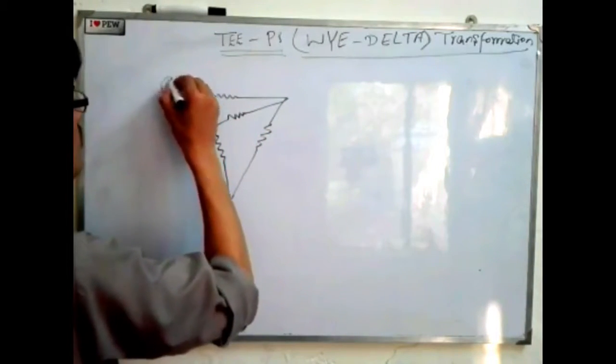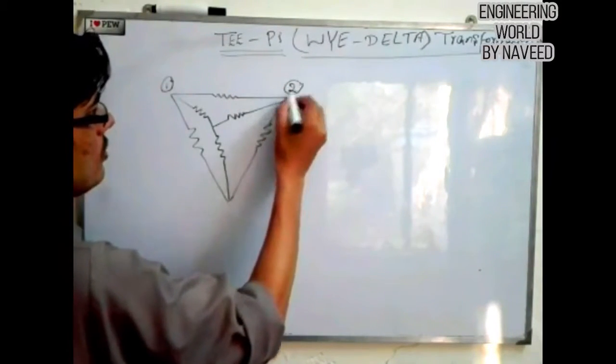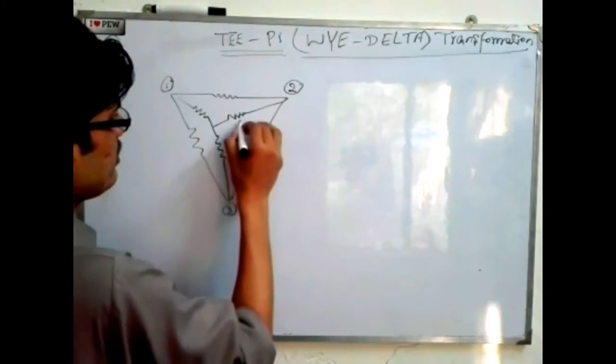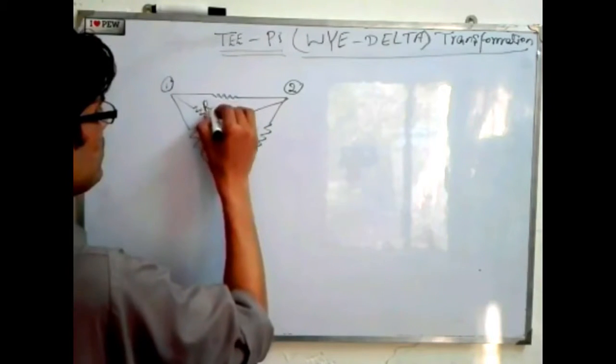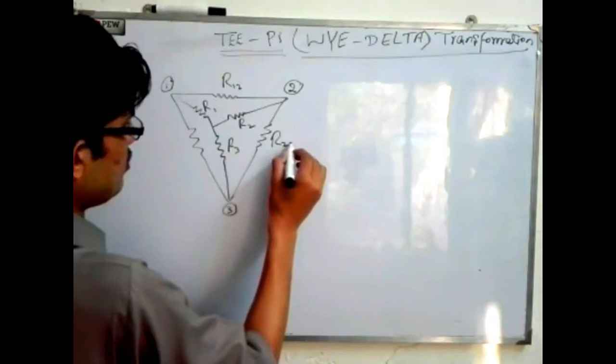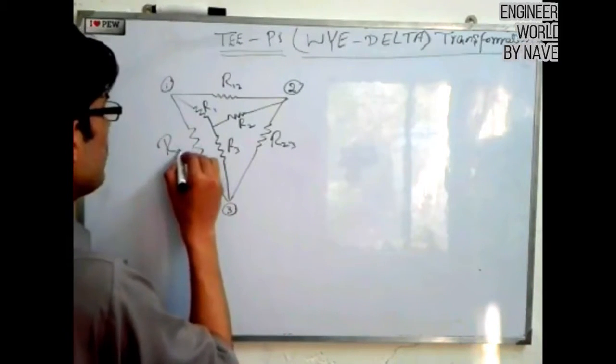This is node 1, this is node 2, this is node 3. So this is R3, this is R2 and this is R1. This is R12, this is R23 and this is your R31.